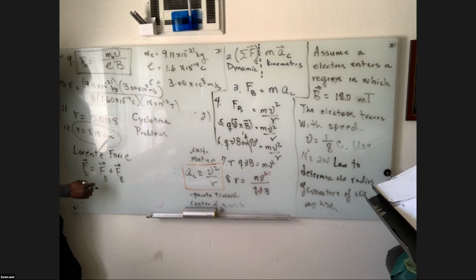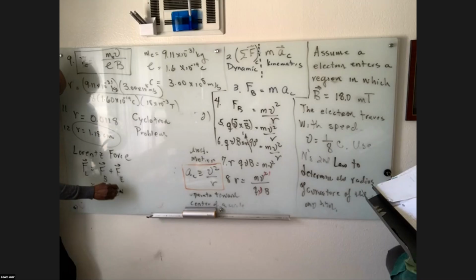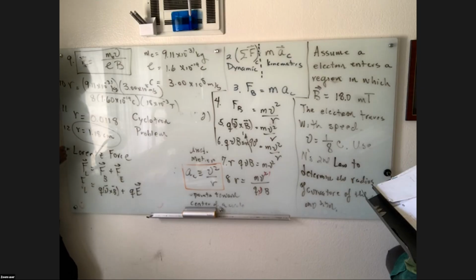So it's going to be equal to, on the charge, q v cross B plus q times E. That's the definition.